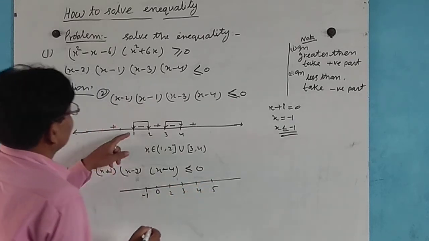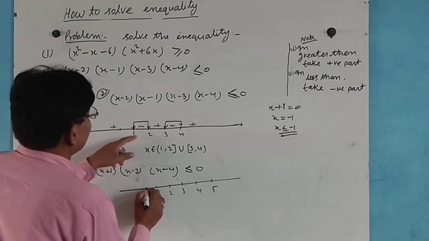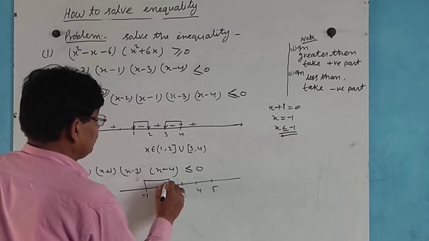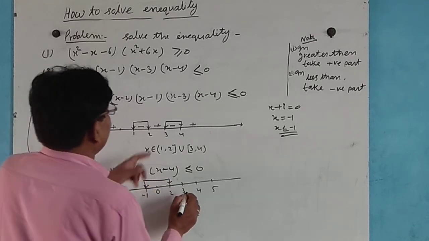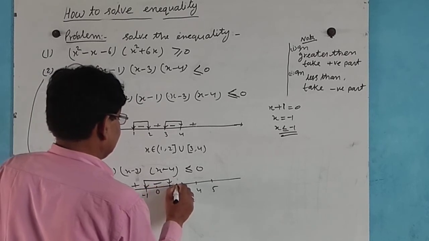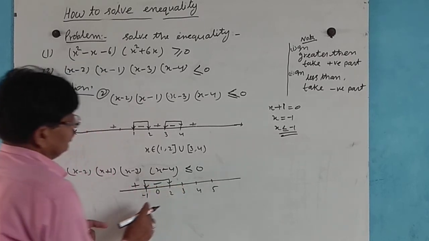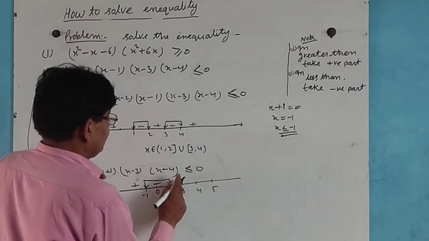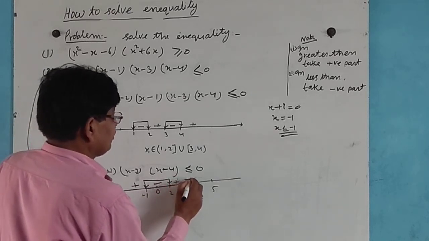This time minus 1 to 2, and this is plus, minus, this point is plus, this is minus.